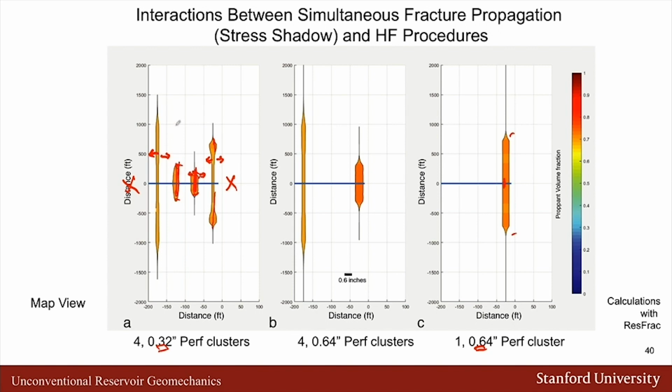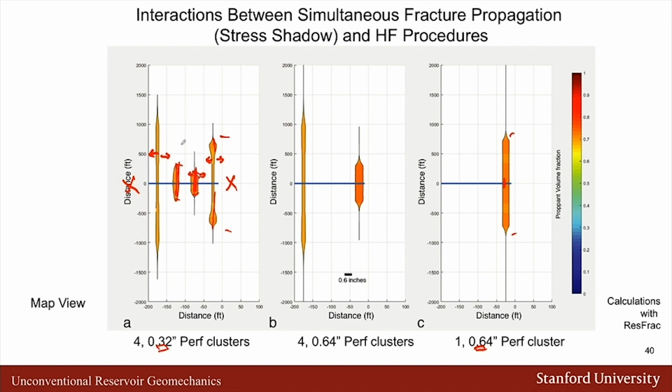We're greatly exaggerating the width, and so it looks a little complicated, but this is a very easy to understand illustration of stress shadows. The 4 fractures are propagating, the outer ones are propagating the furthest, but the inner ones are quite stunted because it requires more pressure to propagate those fractures due to the opening of the outermost fractures.